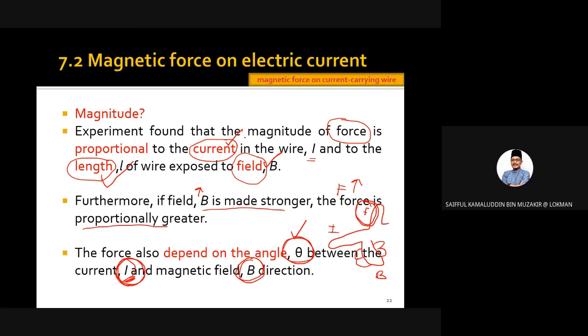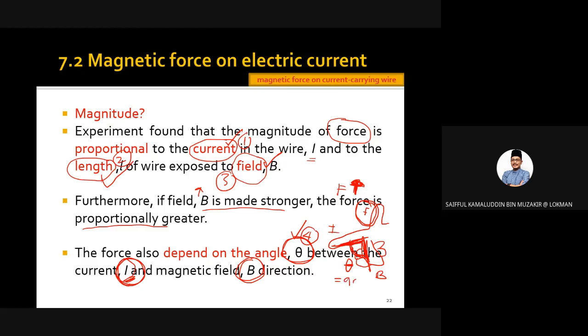So we have four parameters that will determine the strength of the force of deflection of the wire. What is theta? Theta is the angle between I and B.